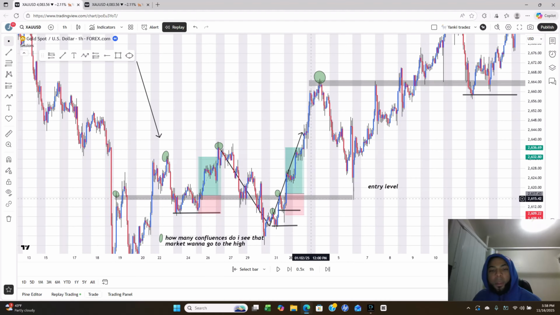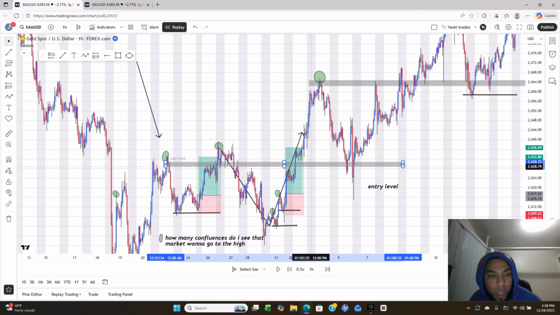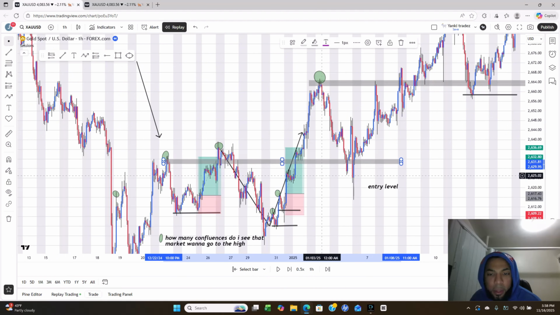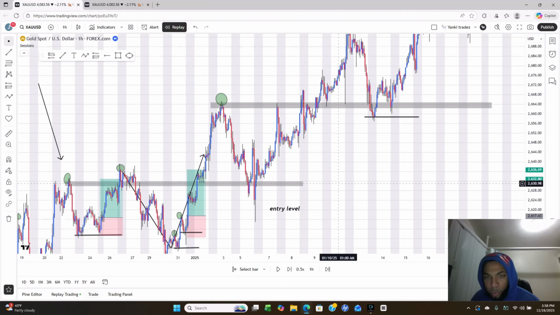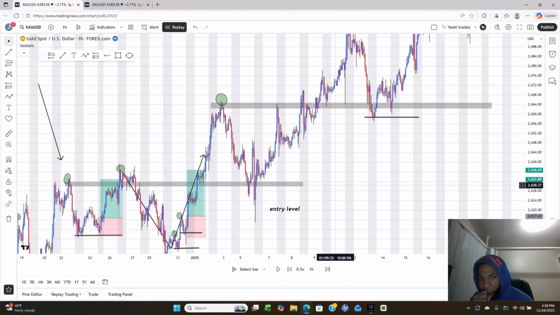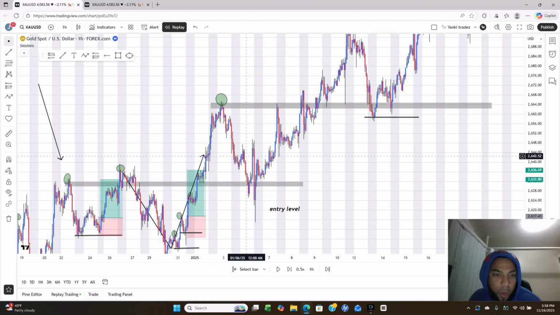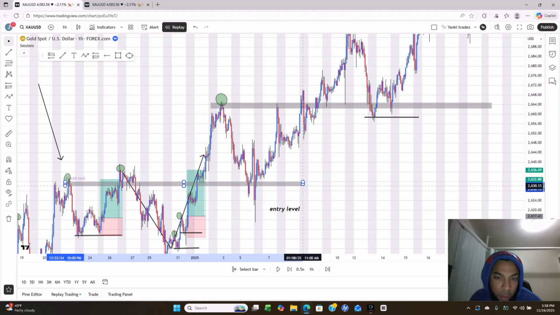Okay, that's that. This setup happened in December. I was not trading gold like that back in the day. But gold, I believe gold is the way to go. Gold gives so much money, honestly.